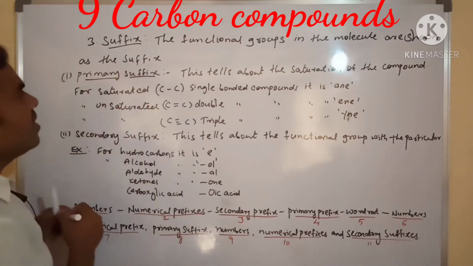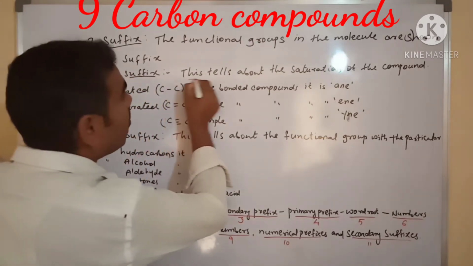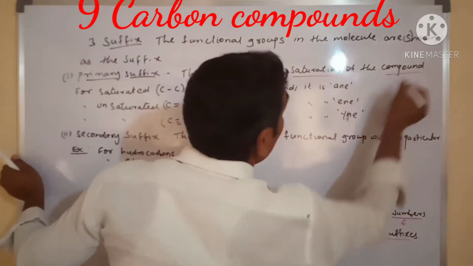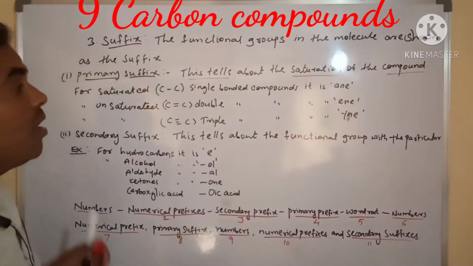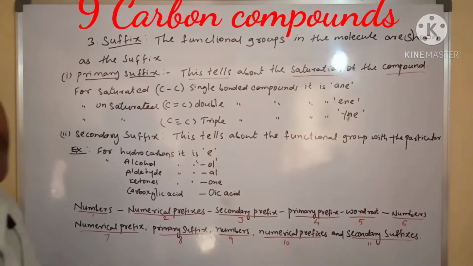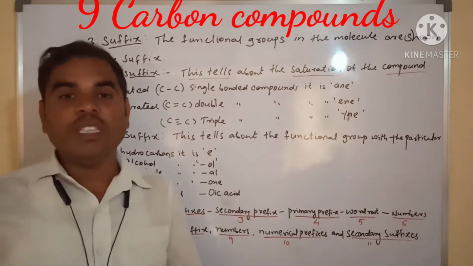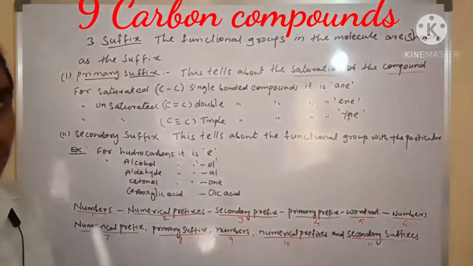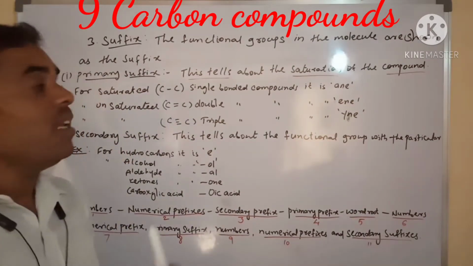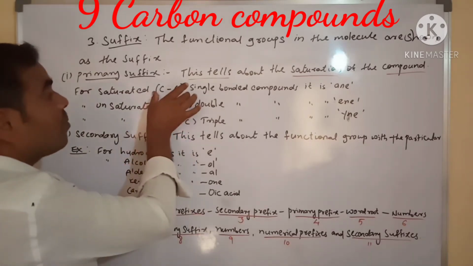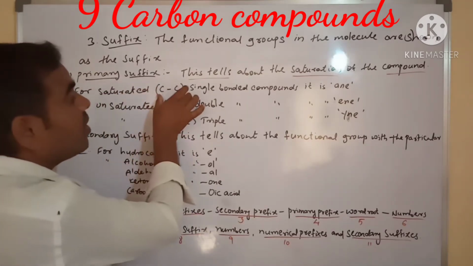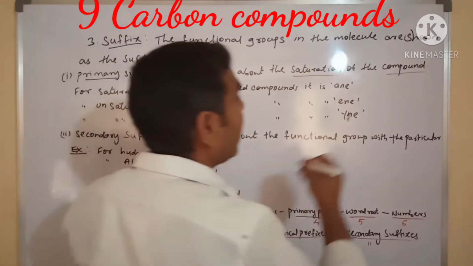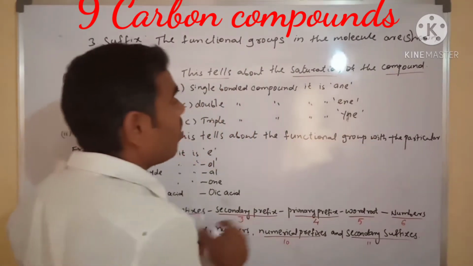The primary suffix tells about the saturation of the compound. We already learned compounds are of two types: saturated and unsaturated. Saturated has a carbon-carbon single bond, and we call it ane.